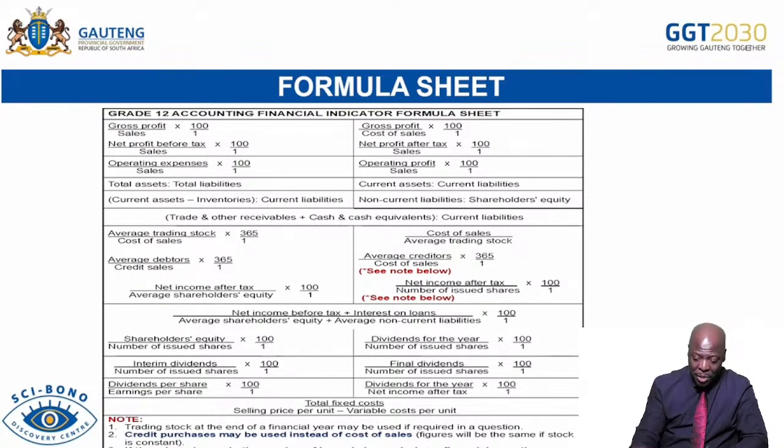But do not over-rely on the formula sheet. You must still be able to calculate financial indicators even when the formula sheet is not there. Let it just assist you, very minimally.